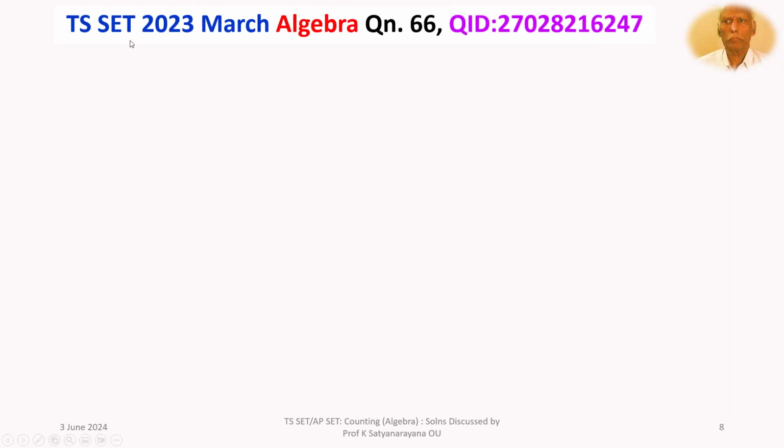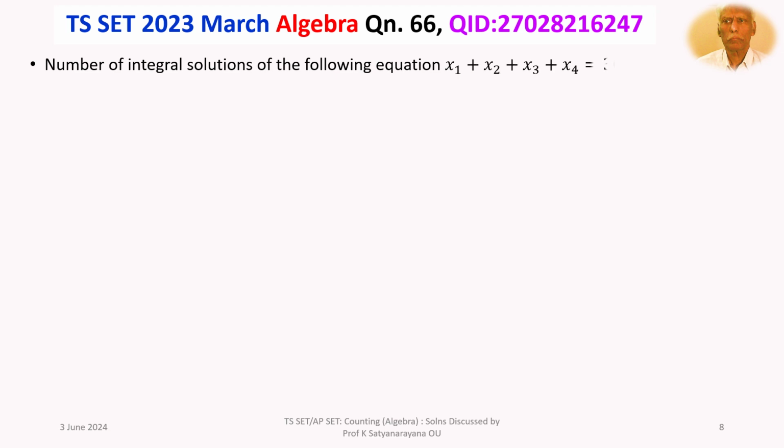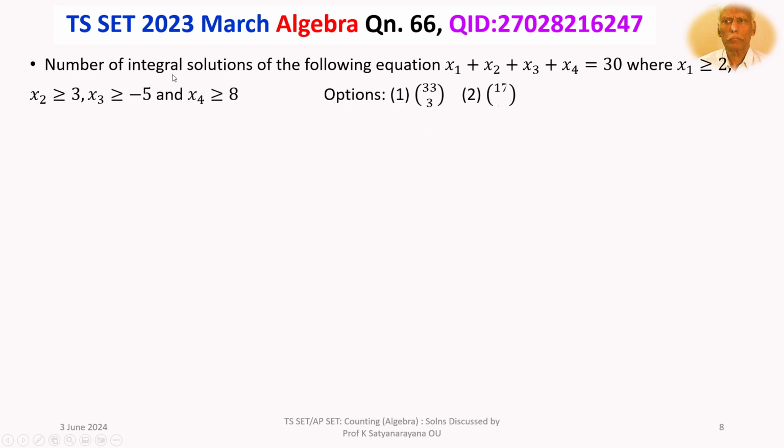This is the question which appeared in TS SET 2023 March, question number 66, bearing the question ID shown. The question is: the number of integral solutions of the equation x1 plus x2 plus x3 plus x4 is equal to 30, with the constraints x1 greater than or equal to 2, x2 greater than or equal to 3, x3 greater than or equal to -5, and x4 greater than or equal to 8.